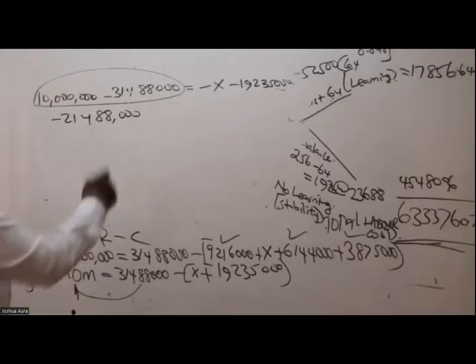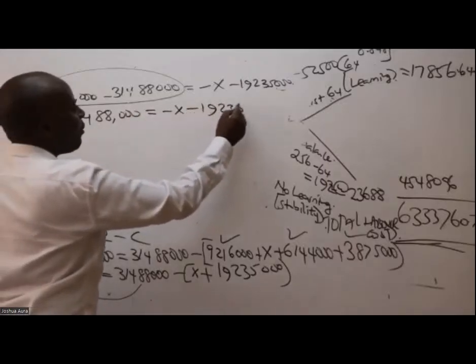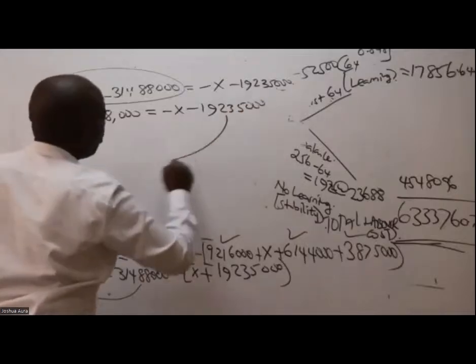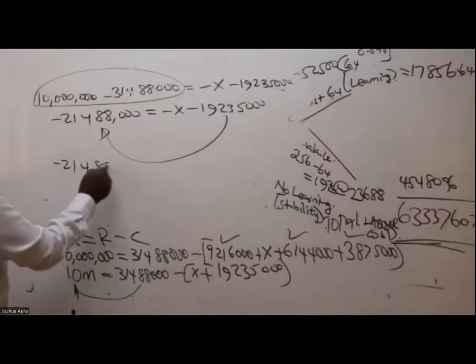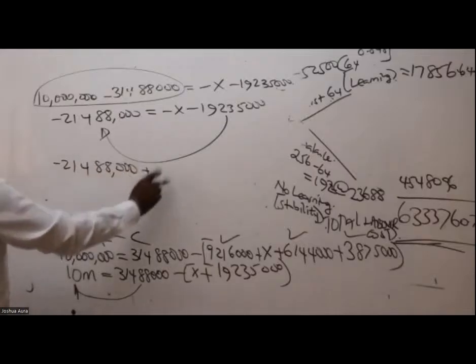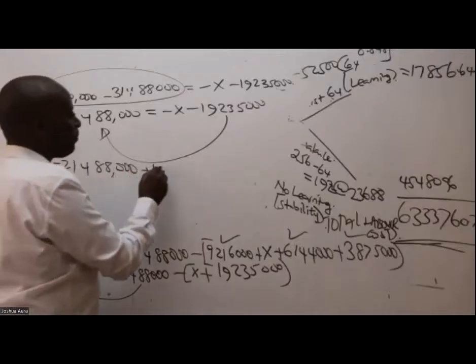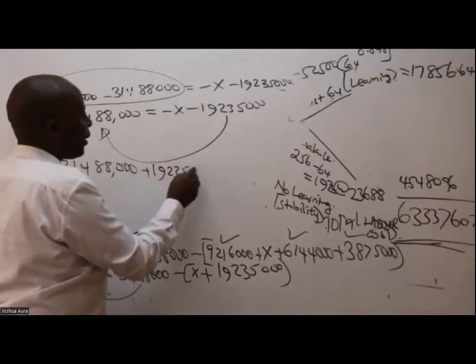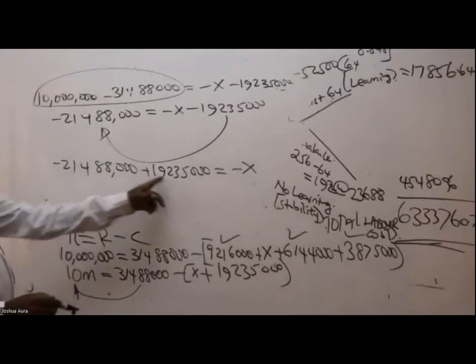Yes, equals minus X minus 19,235,000. Now we have to have this crossing over. Minus 21,488,000 plus, since this side is negative, it has to be a plus. So plus 19,235,000 equals minus X. So again, could you kindly combine these two?